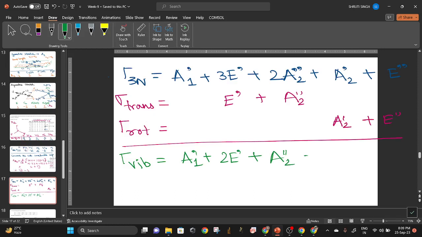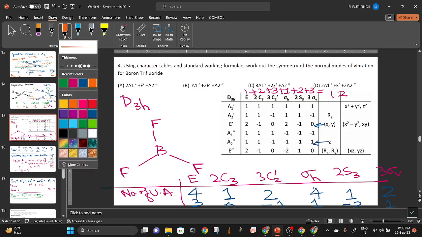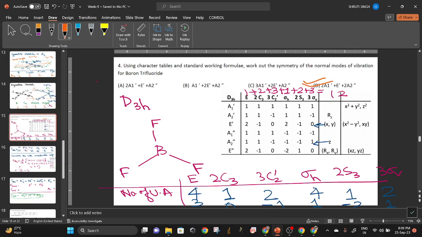So this is the final answer, the total number of vibrational modes. So the question is, the correct option is B. So this is the correct one.